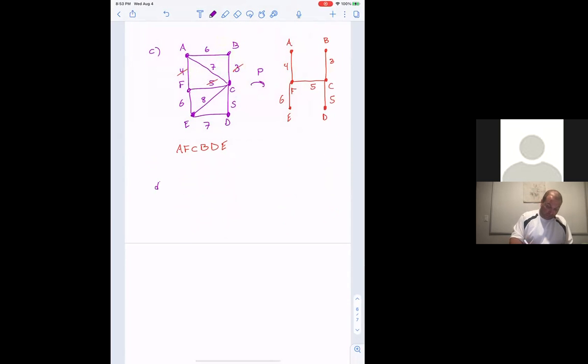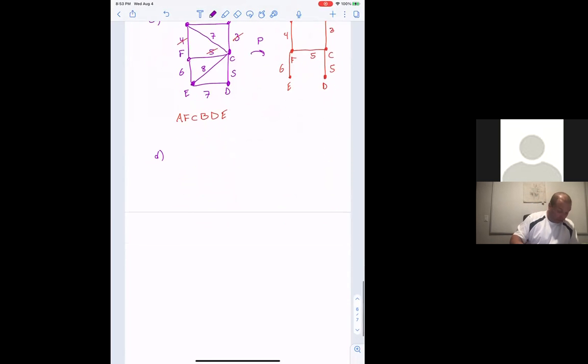And then for part D, oh, wow. So here's A. Here's B with a weight of 8. B goes to C with a weight of 10, which goes to D with a weight of 6, which goes to E with a weight of 10, which goes to G with a weight of 12, which connects to A with a weight of 9.